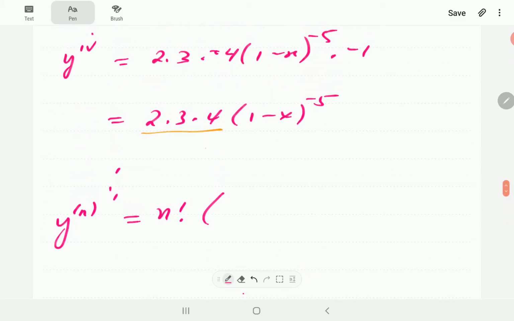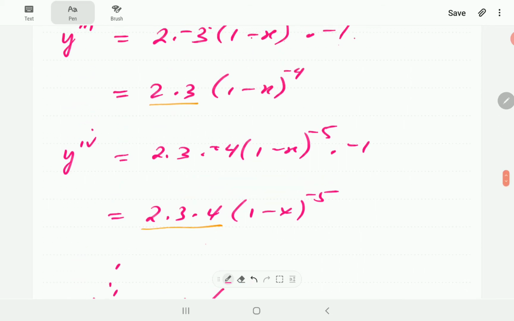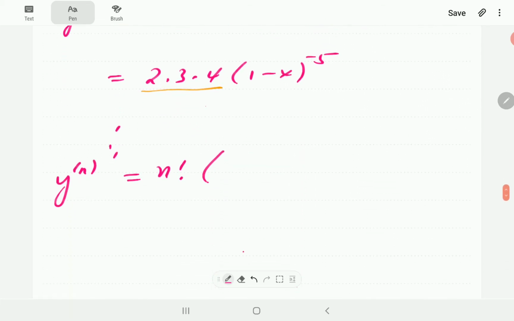And then the power, again, it's 1 more than the order of differentiation in each case, and negative, because you can see that we have got 3 and the -4 here, 4, -5. So for 5, it's going to be -6.